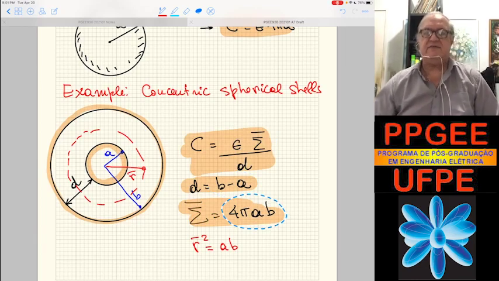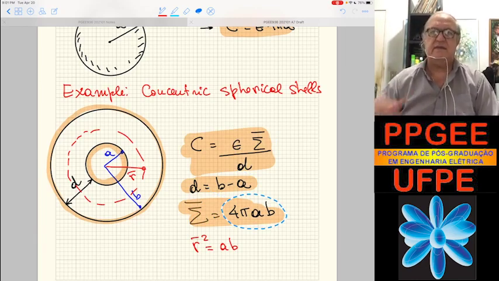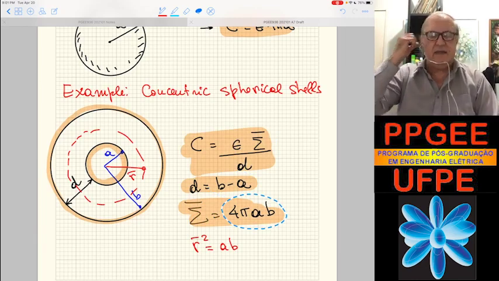This is the area of the spherical imaginary intermediate surface.